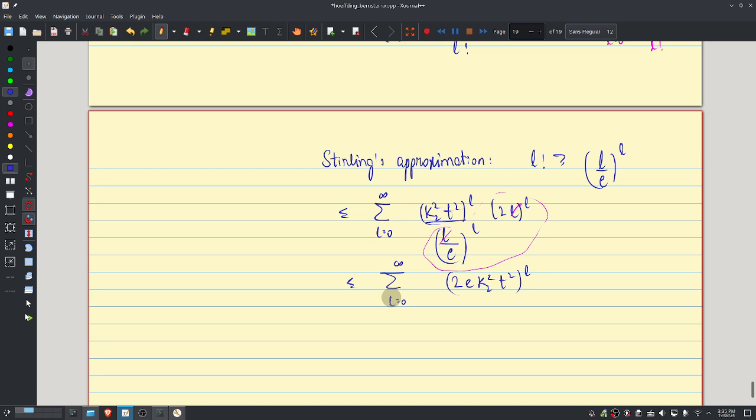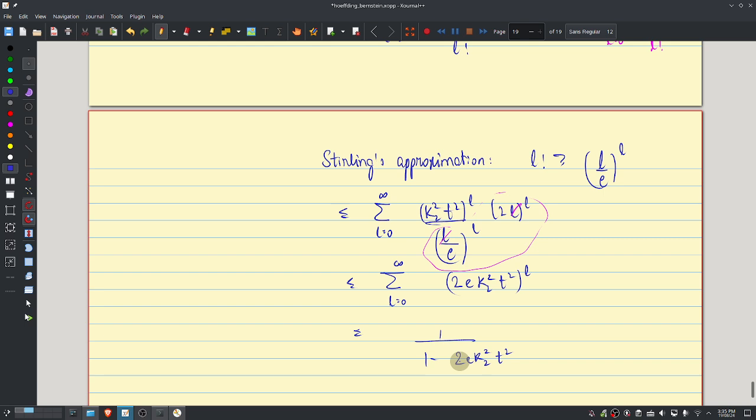So what is that equal to? It is equal to 1 by 1 minus 2e k2 square t square.